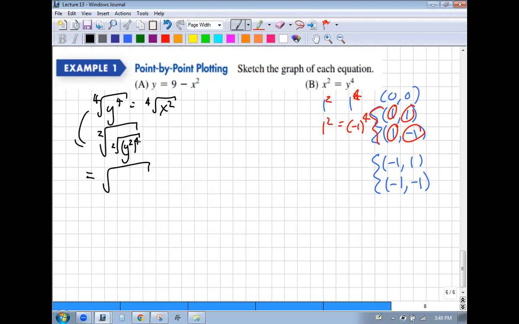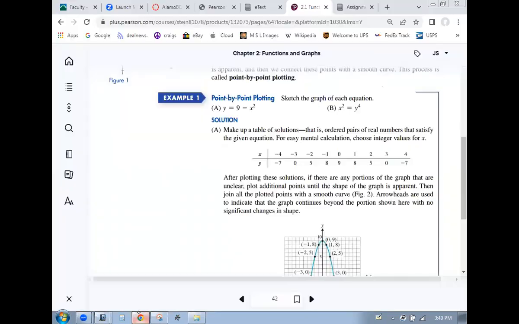That's y to the 4th, and the square root twice would be the 4th root. So knowing that the square root of x squared is the absolute value of x, this is the absolute value of y squared, right?